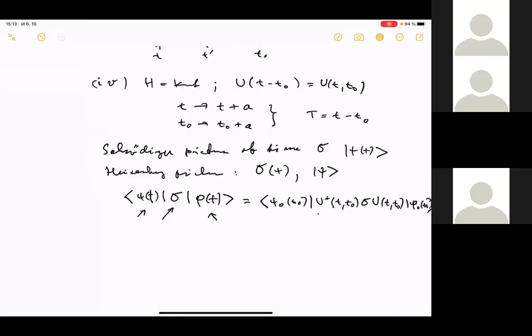And we can now interpret this combination of operators as the time-dependent Heisenberg operator.